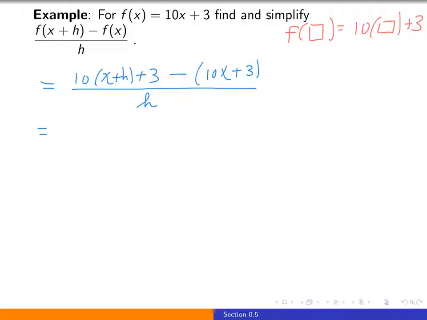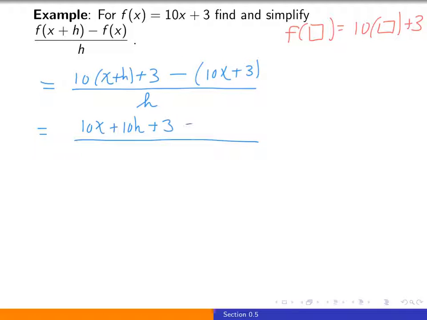Now we simplify. So distributing the 10 in the first term in the top, 10x plus 10h plus 3. And now we have to be very careful. This minus sign has to be distributed through. A very common mistake is not correctly distributing.